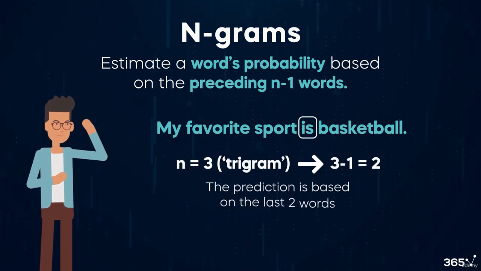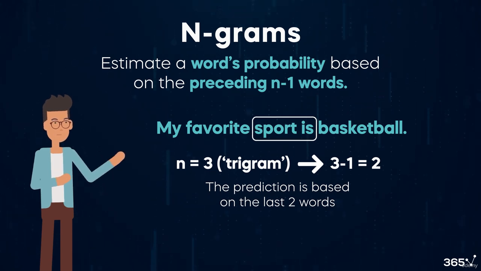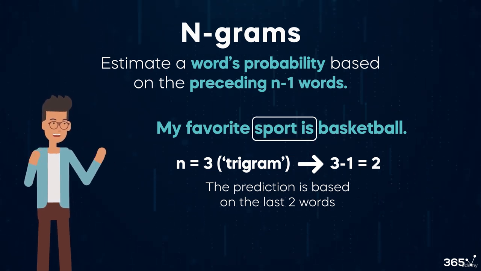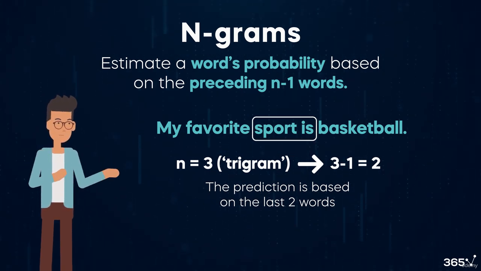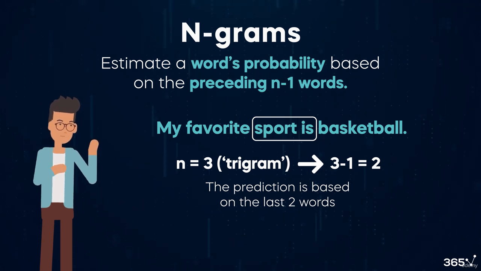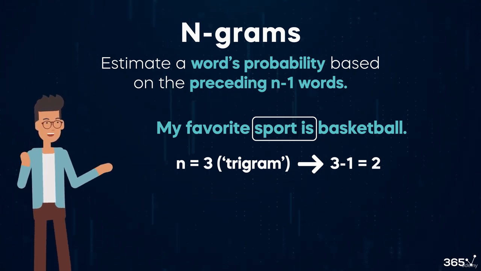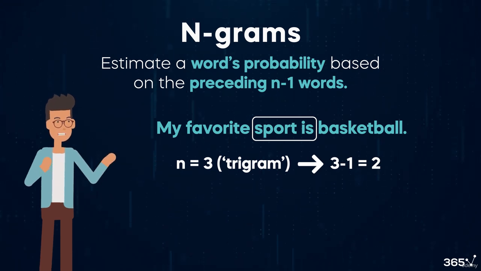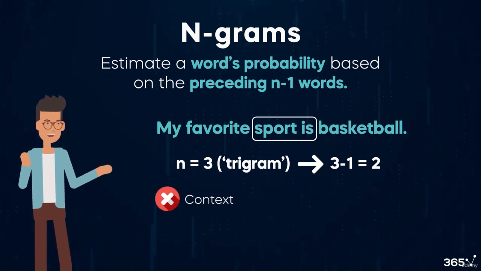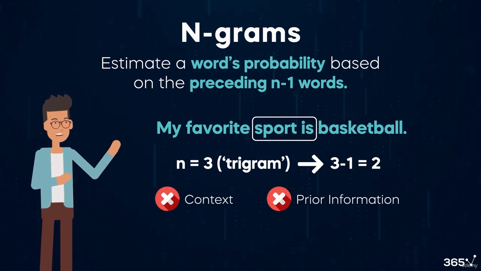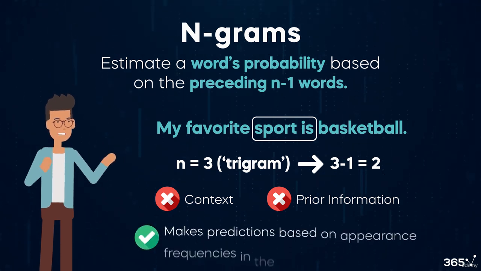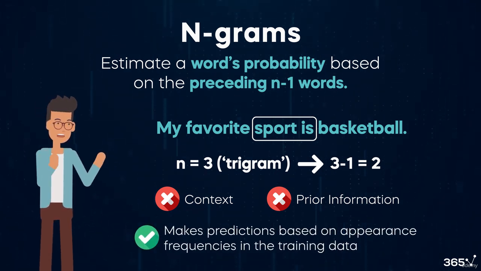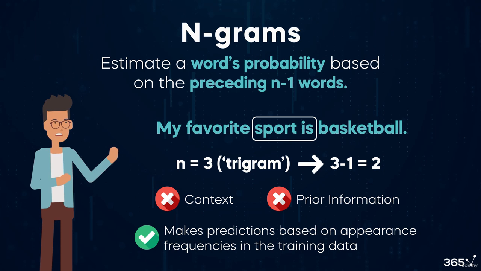The model analyzes instances of "sport is" in the training data to predict the most frequently occurring subsequent word. So this is how n-gram works. Far from ideal, huh? The model seems to miss the subtleties of context and prior information. It simply aims to optimize predictions based on appearance frequencies in the training data.